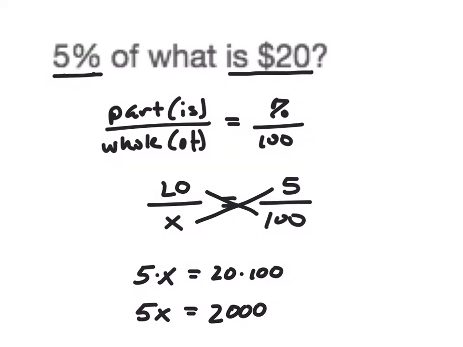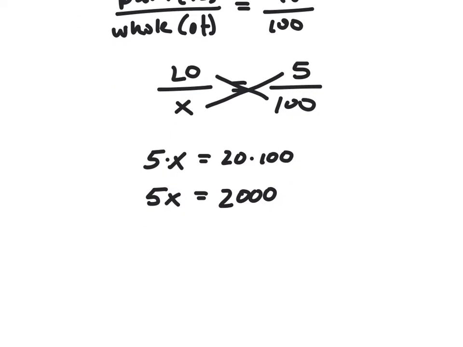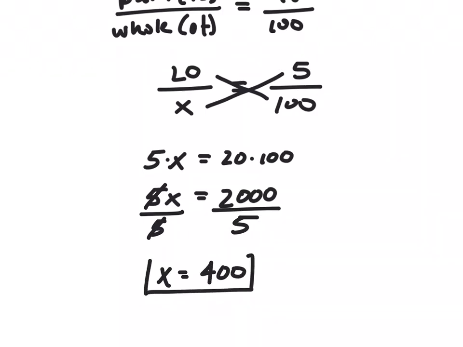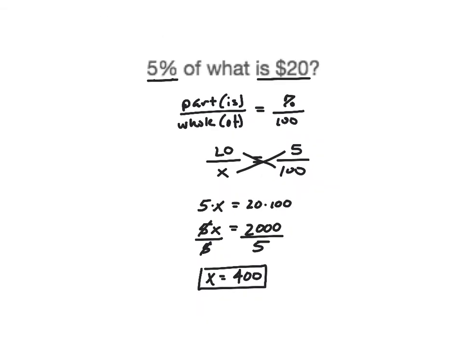To solve this, we're multiplying by 5, so the opposite is dividing both sides by 5. We get x is equal to 2,000 divided by 5, and that's going to give me a value of 400. And that's it. It's really not too bad.